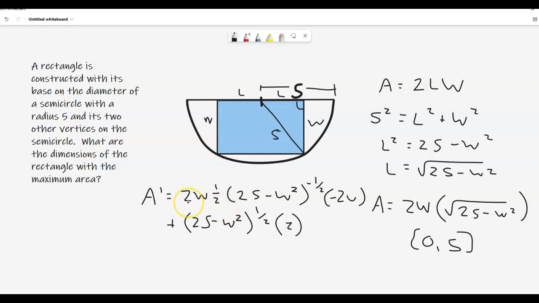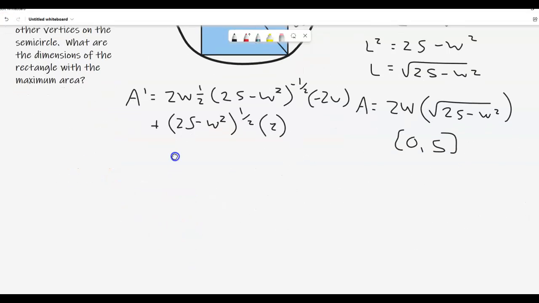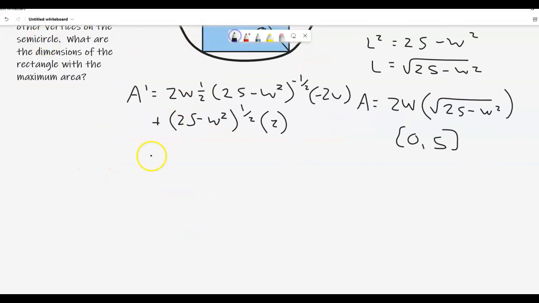Okay, so I'm going to clean this up a bit. Let me give myself a little bit more room. All right. I should get that the derivative is equal to negative 2W all over, that's going to be 2 times negative 2 is negative 4, negative 4 divided by 2 is negative 2, and then W times W is W squared, all over the square root of 25 minus W squared.